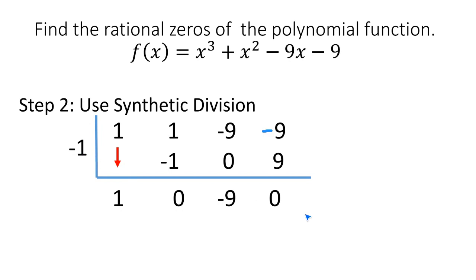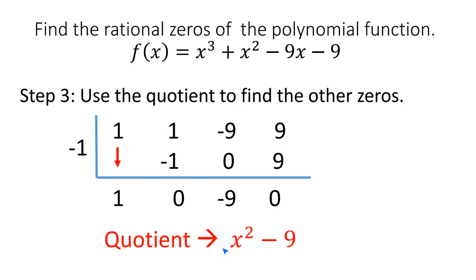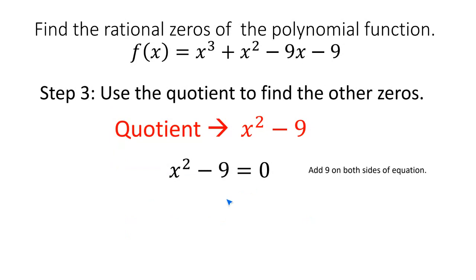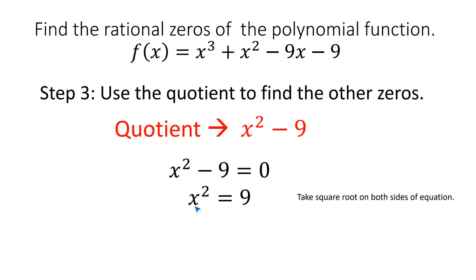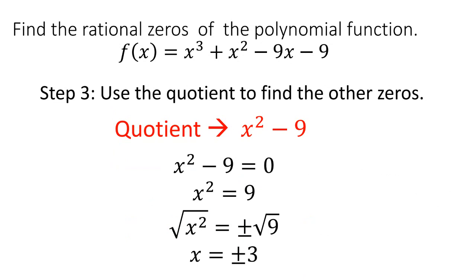Now the great thing about this is that if we get our quotient, you can see that our quotient is now going to be quadratic. So we have x squared minus 9. We can set that equal to 0 and solve for x. So if I add 9 on both sides, I get x squared is equal to 9. So my solution here would be x is equal to plus or minus 3.